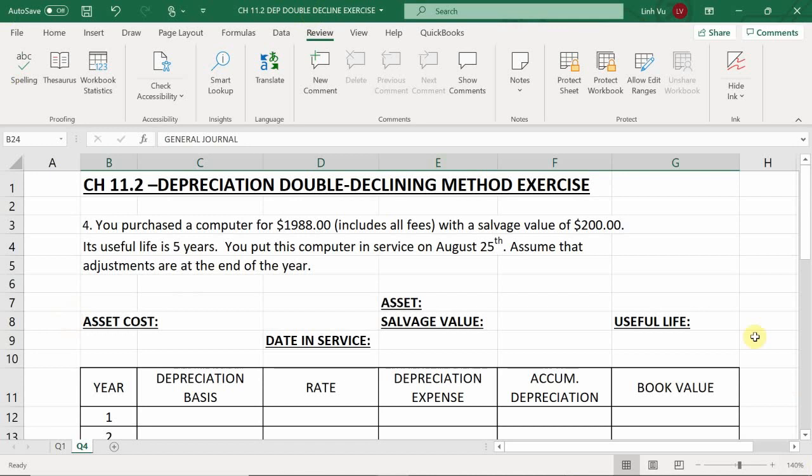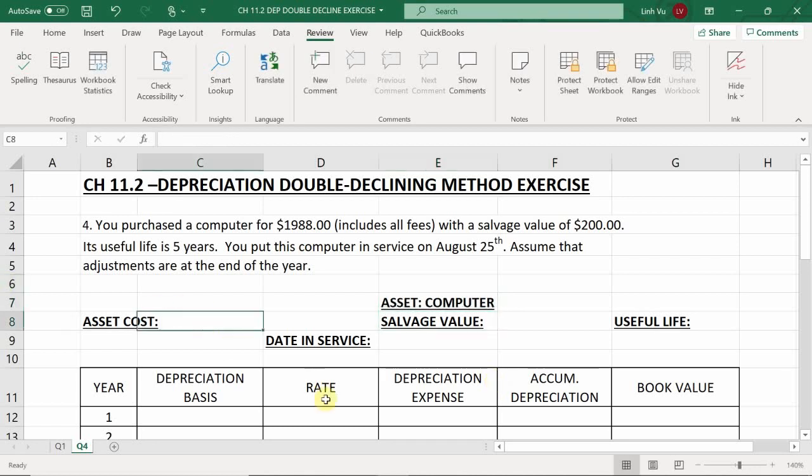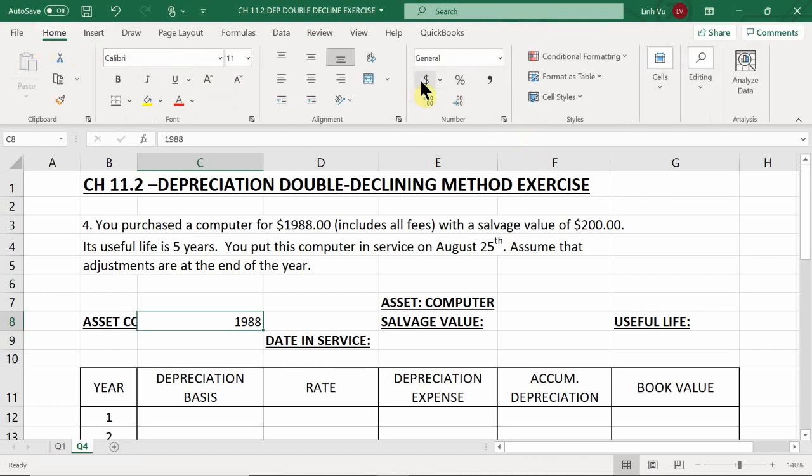So again, the asset that we bought is a computer. How much was this computer for? 1988. And what was the salvage value? So now we actually have a salvage value. And what is it? $200.